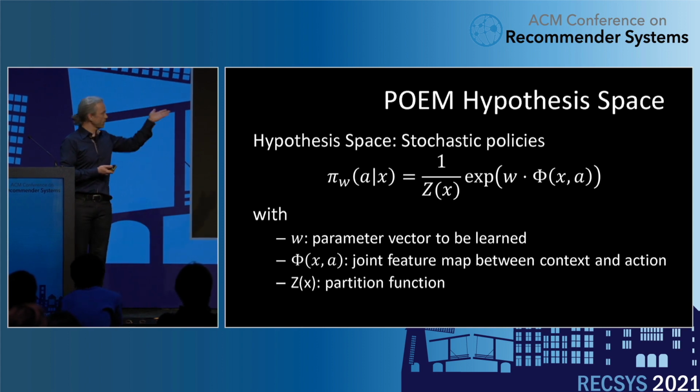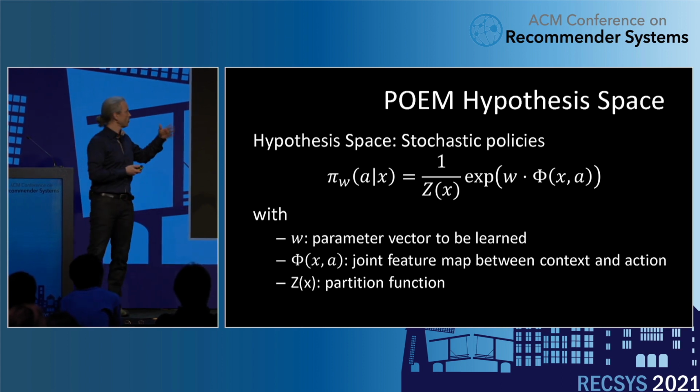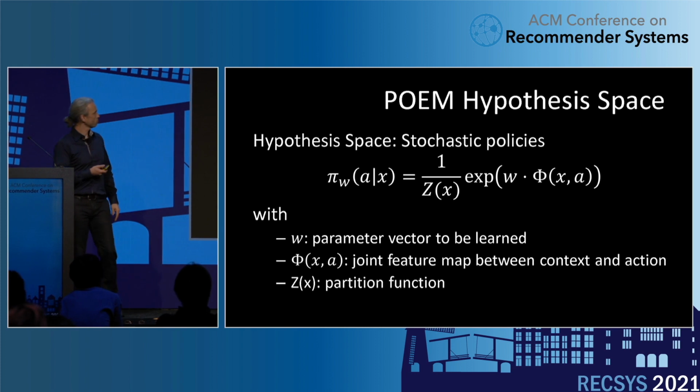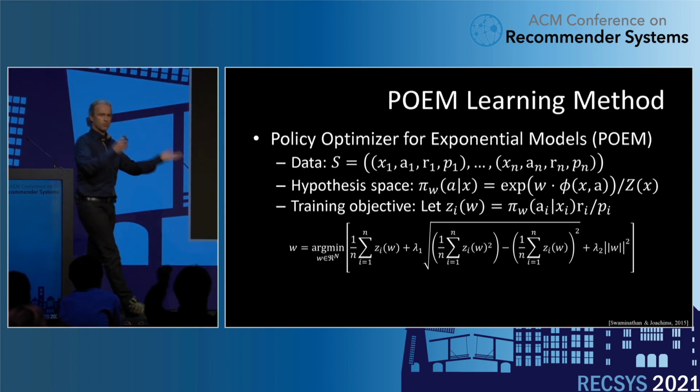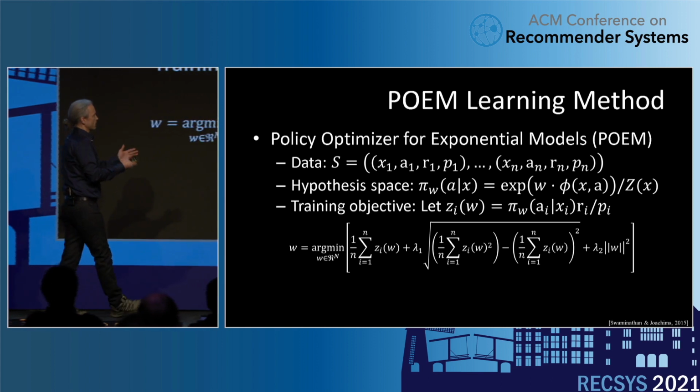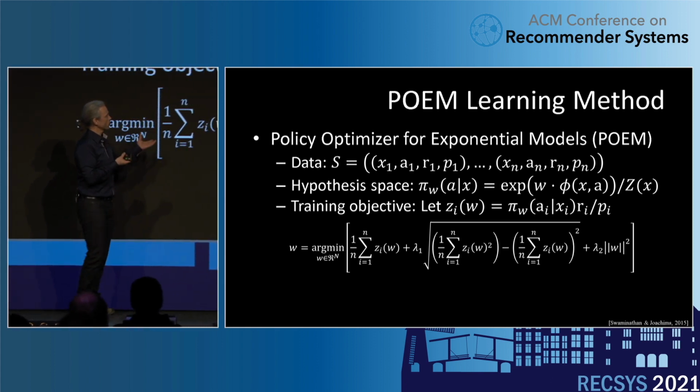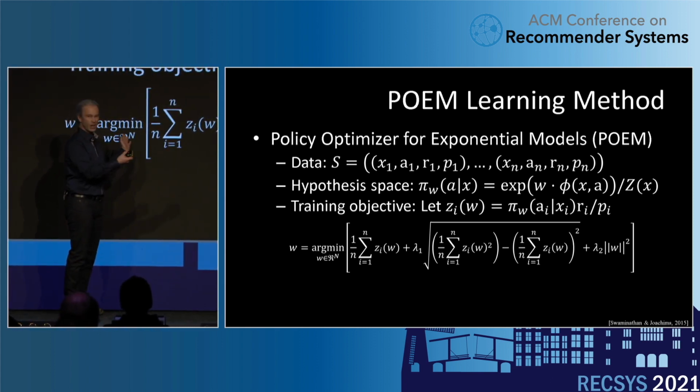So again, this is like a conditional random field, and we know a lot about how these softmax policies work. So then really what you need to do is take this policy space and plug it into this counterfactual risk minimization objective. And this looks a little wild, but it's really just taking what we had before and putting in these softmax policies.